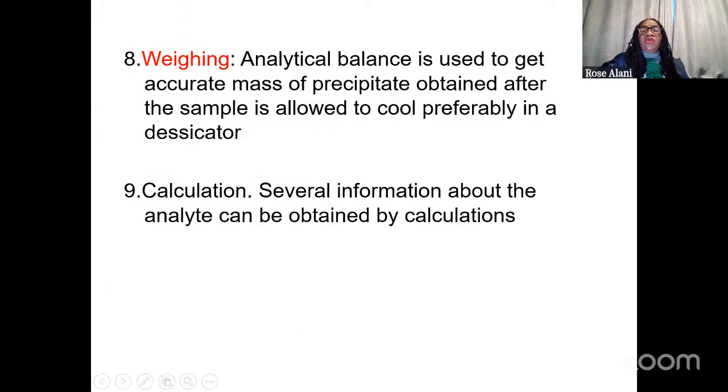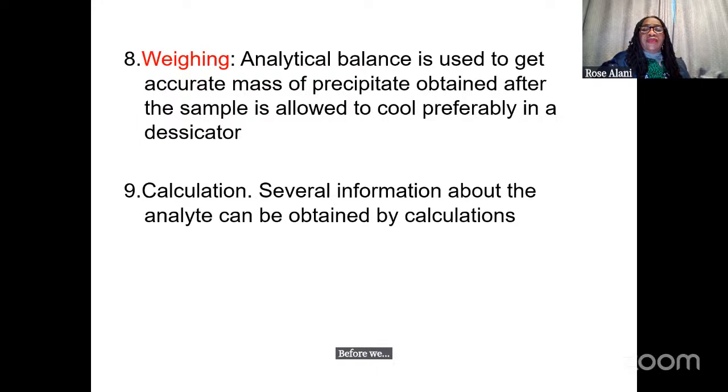So for the weighing, you use an analytical balance, like I mentioned, to 6 places, 0.000 and so on. After drying the precipitate, you need to put it in the desiccator to get it cooled before weighing.